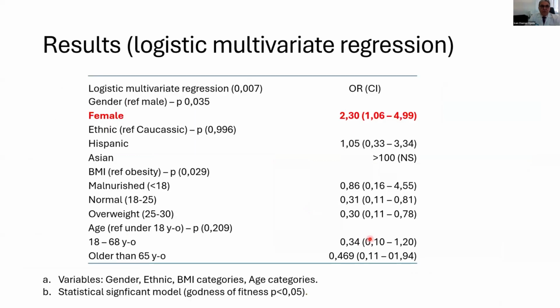We decided to use logistic multivariate regression where the independent variables were gender, ethnicity, BMI, and age categories, and we found that only being female increased the probability of presenting SAD, with a 2.3 odds ratio.